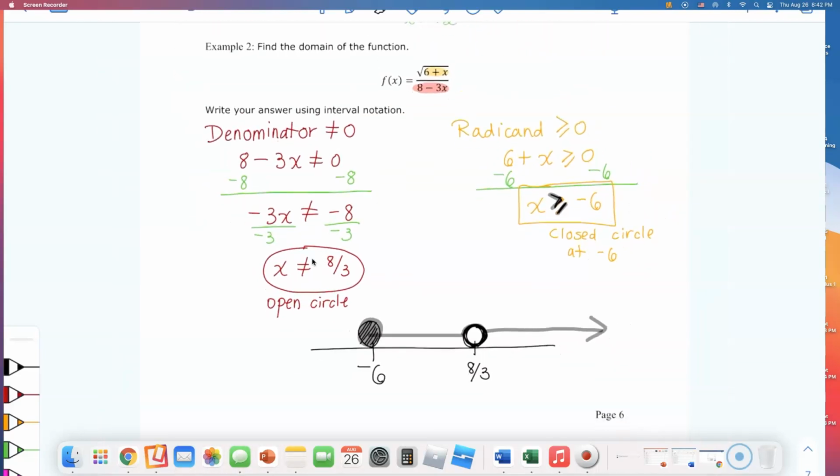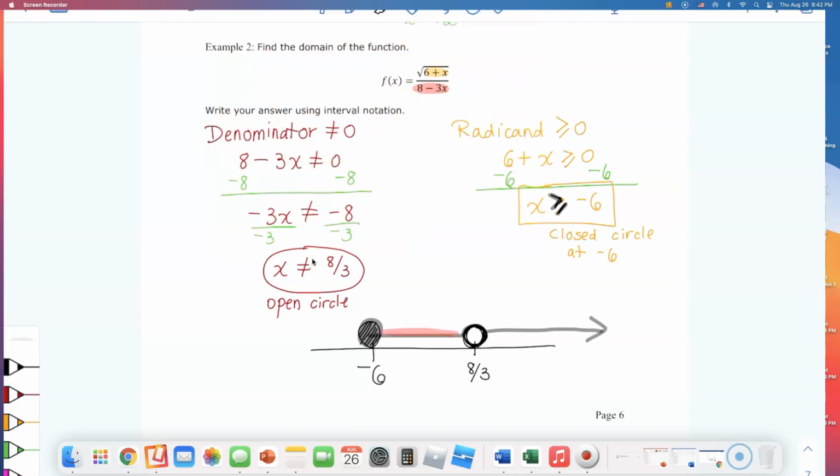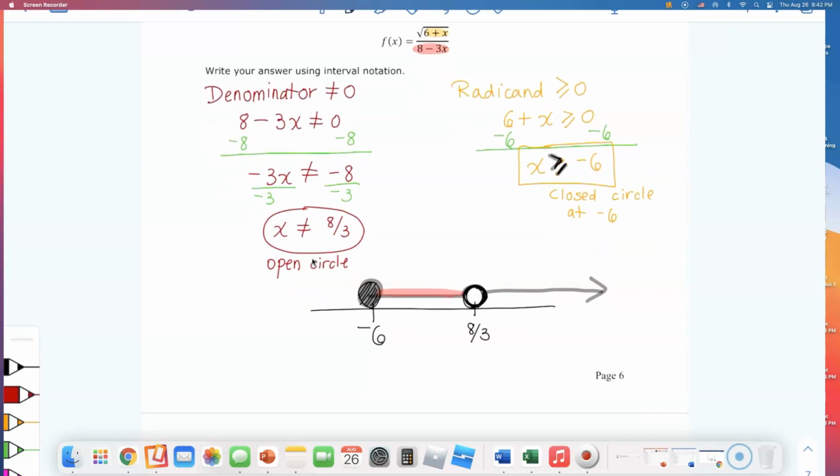Oh, wow. So let's go ahead and write this in interval notation. I can clearly see two intervals. The one that connects negative 6 to 8 over 3 is going to be bracket negative 6, comma, 8 over 3, close the parenthesis. Be very careful with the circle types. For a closed circle, we're using a square bracket.